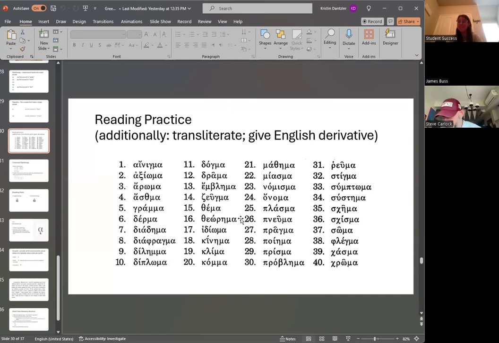I don't know if you're in the same boat as me, Steve, but last week I was surprised how many letters I thought I knew, and I was so wrong. I've been mispronouncing chi forever. And iota, because I was saying Yoda.